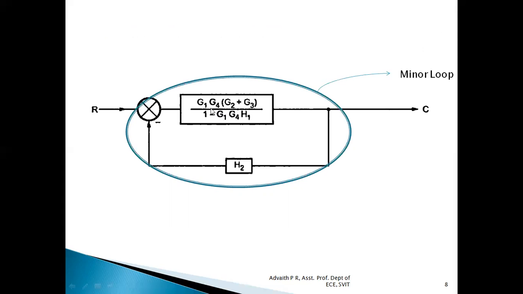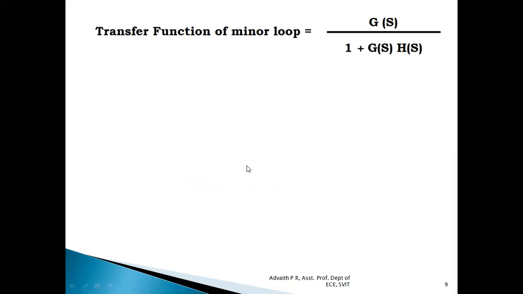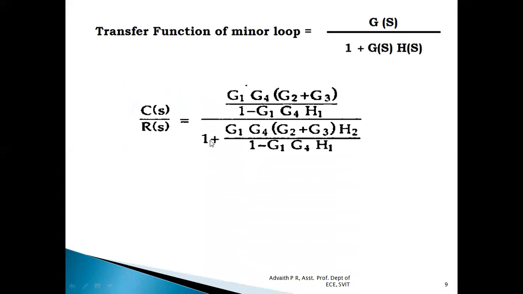Now, g of s will be equal to g1 g4 into g2 plus g3 divided by 1 minus g1 g4 h1. H of s will be equal to h2. Once we substitute it, we get this equation. Next, we cross multiply 1 minus g1 g4 h1 here.